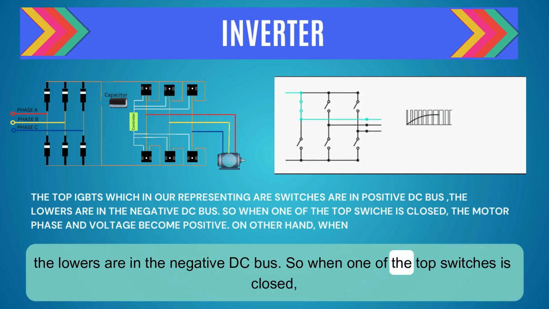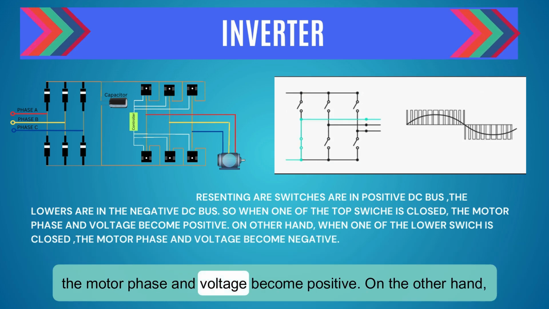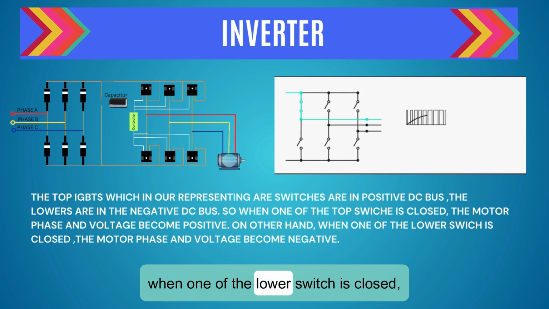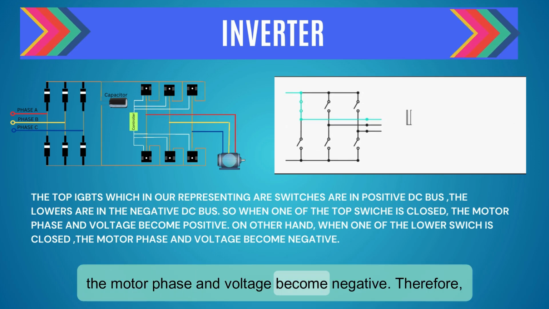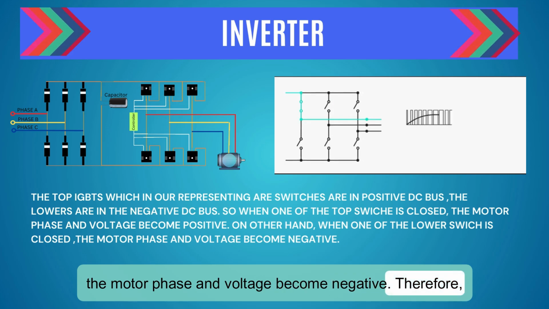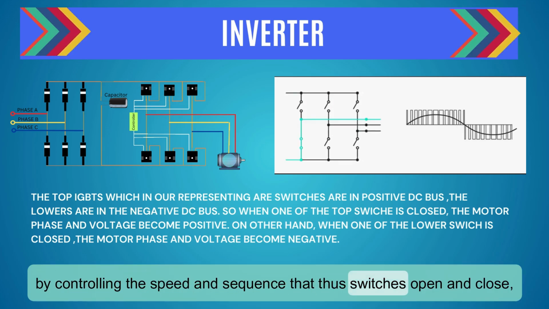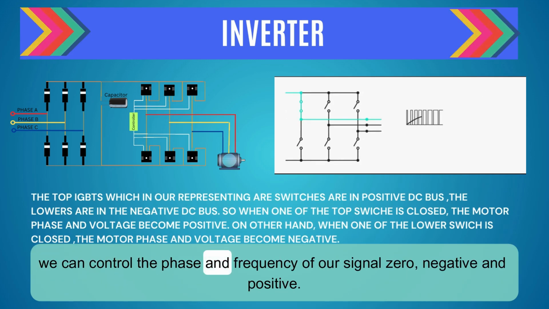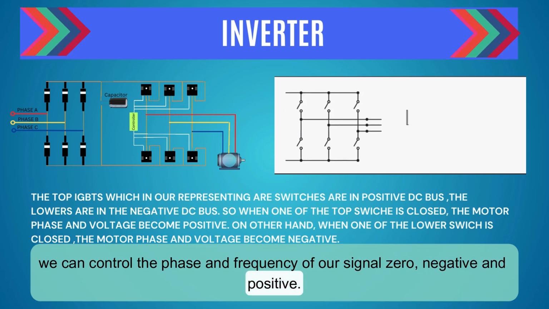So when one of the top switches is closed, the motor phase voltage becomes positive. On the other hand, when one of the lower switches is closed, the motor phase voltage becomes negative. Therefore, by controlling the speed and sequence in which those switches open and close, we can control the phase and frequency of our signal: zero, negative and positive.